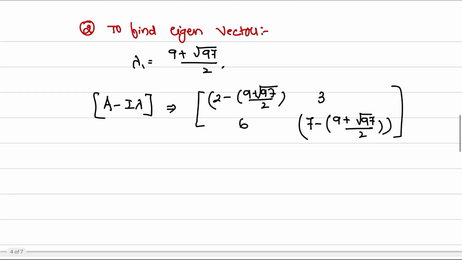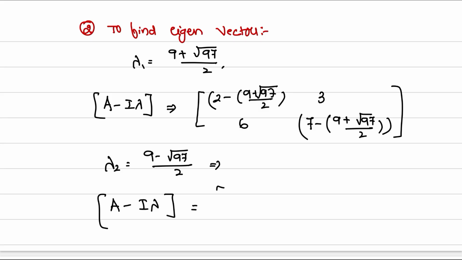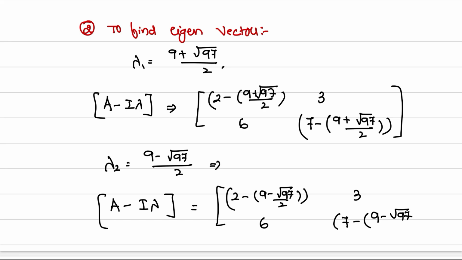Next, if lambda 2 is taken as 9 minus square root of 97 by 2, then how to write A minus lambda I in a similar way? 2 minus 9 minus square root of 97 by 2, this is one value, and 3, this is 6, then 7 minus 9 minus square root of 97 by 2, this is another.